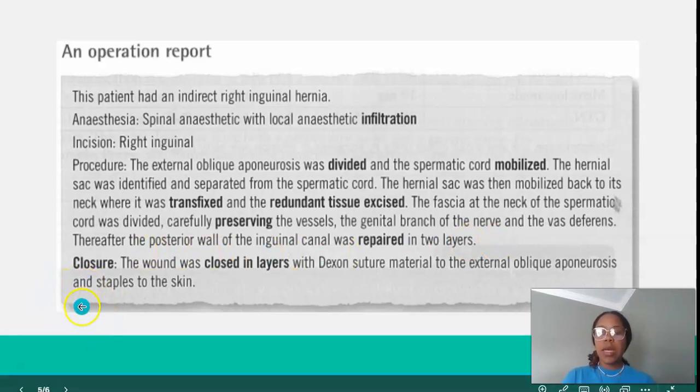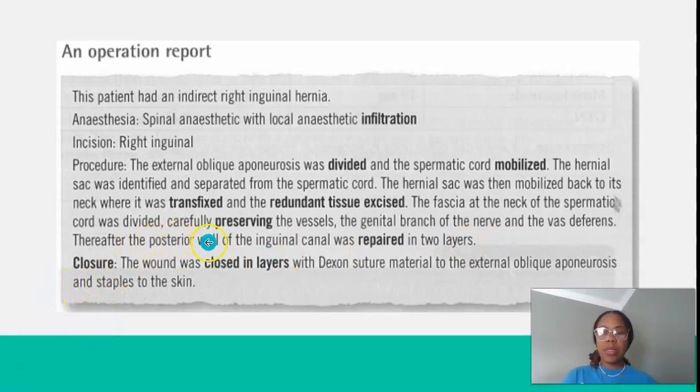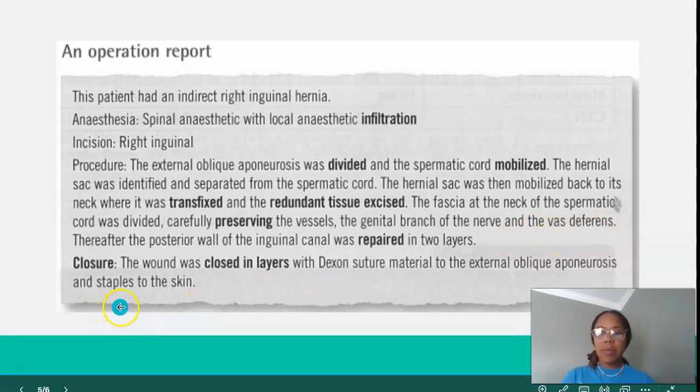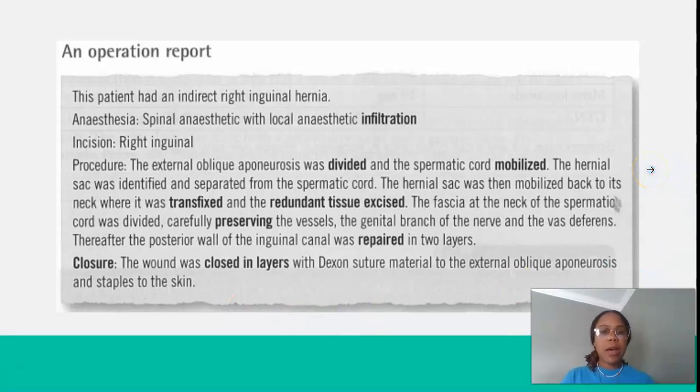For closure, the wound was closed in layers with suture material to the external oblique aponeurosis and stapled to the skin. This is an example that we have in the Professional English book.